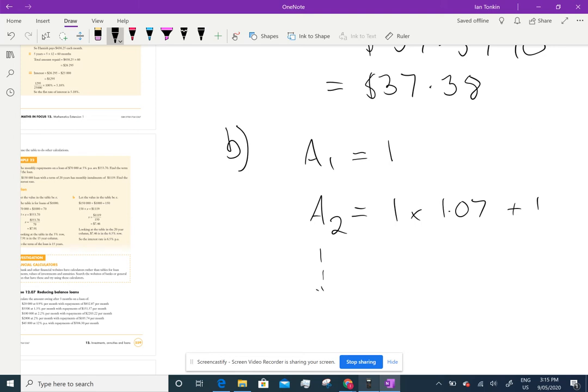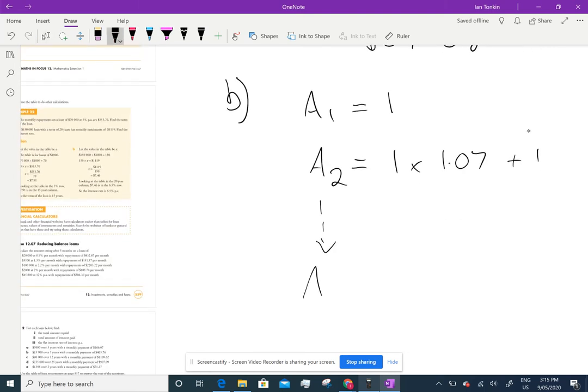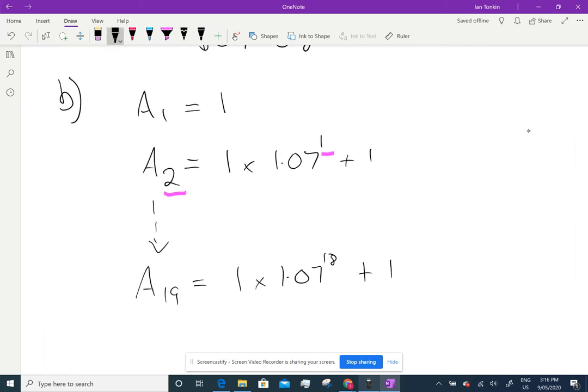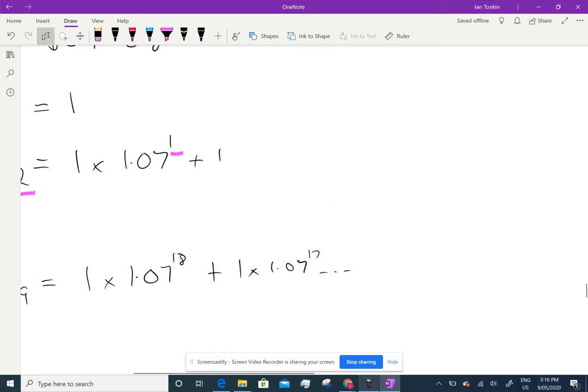And I'm going to jump now, 19 years. After 19 years, I'm going to have 1 times, now look at the numbers here. That's a 1, I've got a 2 and a 1, I've got 1 less. So 1.07 to the 18 plus 1 times 1.07 to the 17, ... Be careful, I'm going to have a 1 at the end, plus 1 times 1.07 plus 1.